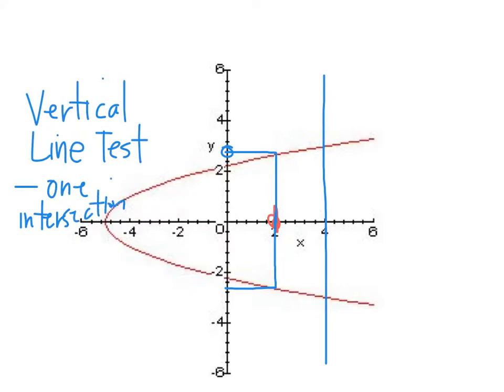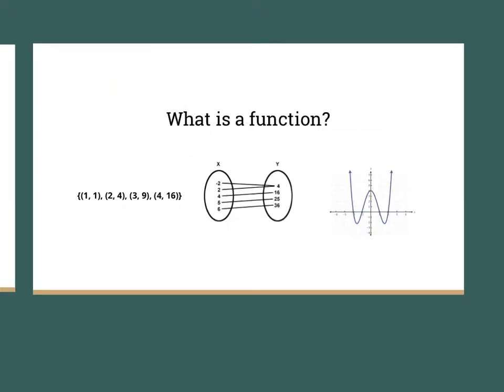Now, as we can see from the line that I have created, the line intersected the graph at this point and also intersected at this point. So it does not intersect at a single point in the graph. Therefore, it fails the vertical line test, and this shows that the relation is a mere relation and not a function.